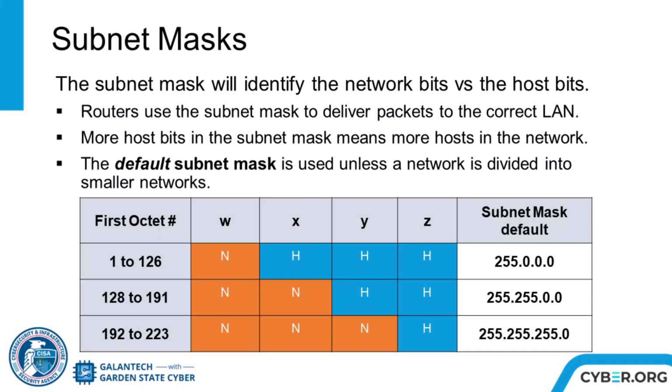A network uses 197 as the first octet. Looking at the graph, I see they use the default subnet mask of 255.255.255.0.